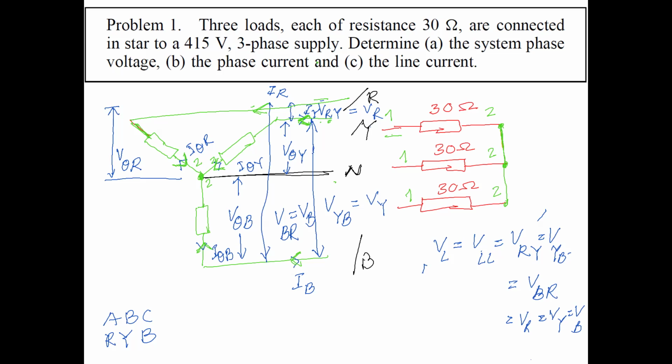And we are given the line voltage. So this voltage is given for our case as 415. Okay, so this is the 415, and these are given 30 ohm resistors. So we need to find out the phase voltage, line voltage. Line voltage is given. We need to find out the phase voltage, line current, and the phase current.